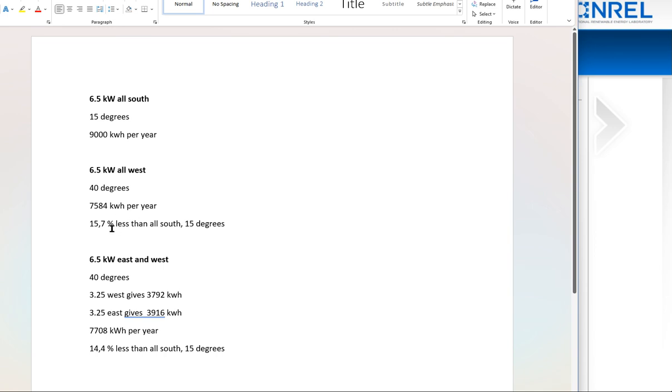That shows you that if you have a very steep roof, yes, there's significant differences, but you can compensate for it. But then the question is, do you have the power that you need, or don't you?